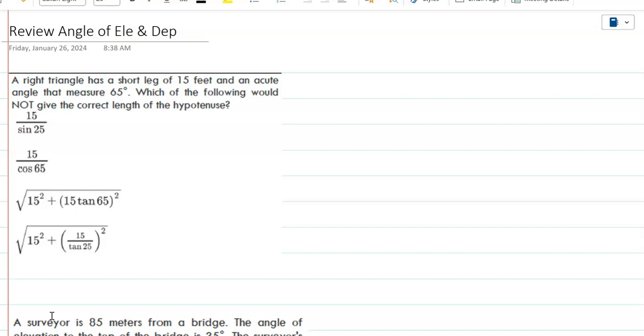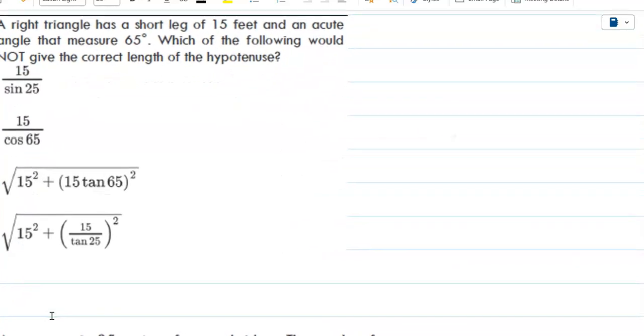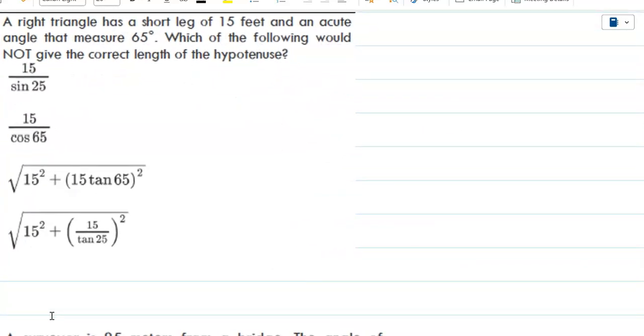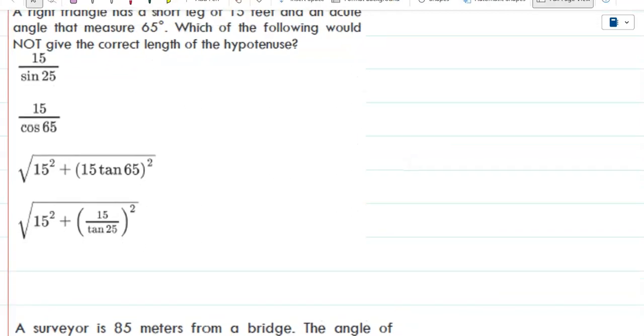It was on PP 5.1 and it was on your quiz, but I ended up taking it off because a lot of you could not actually work it out. Tell me why none of these are the right answer for this problem. Okay, so let's go ahead and draw the figure first.